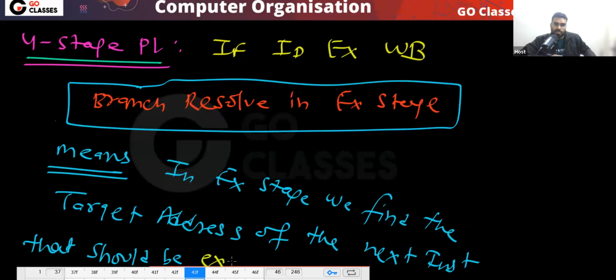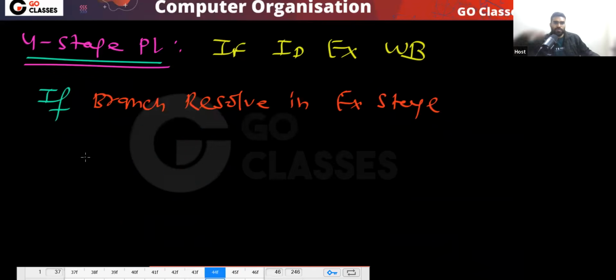So in this stage, we are finding what the next instruction that should be executed is. Now you tell me, if this happens, then what will be the branch penalty? Let's find it out.